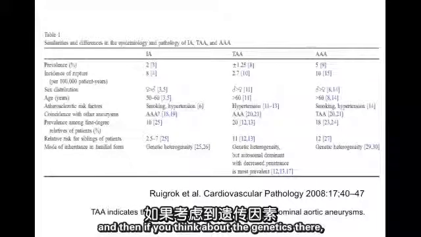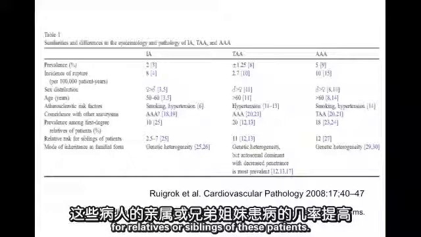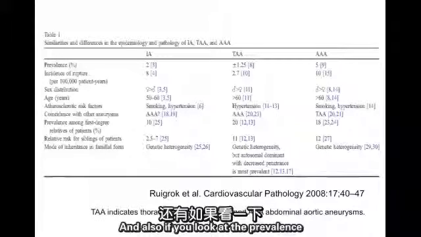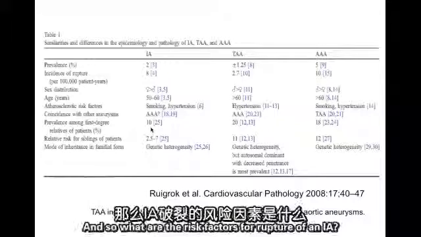And if we think about the genetics, there is clearly an increased risk for relatives, siblings of these patients. We are talking about relative risk between 2.5 and 7. And if we look at the prevalence among first-degree relatives of these patients, it's 10. So these are high risks.